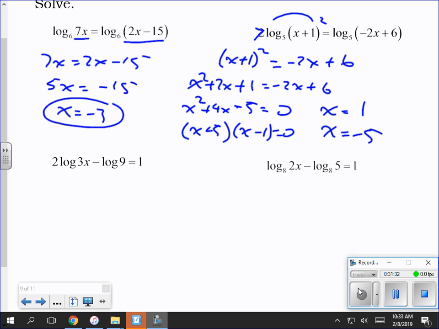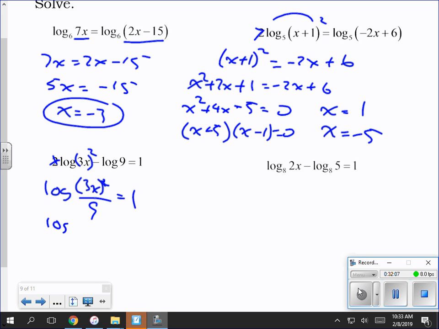This one here, you need to combine it up in one log first. First thing you do is bring up the 2. And remember, the whole 3x is squared, not just the x. The whole thing gets that power. So that gives me the log of 3x squared over 9 equals 1, which 3x squared is 9x squared.